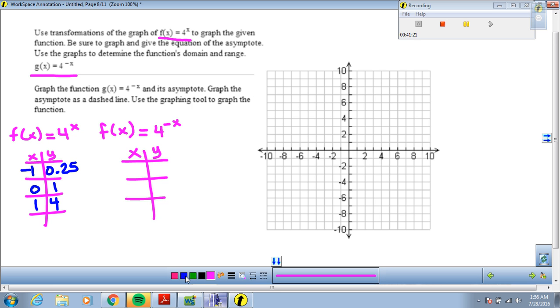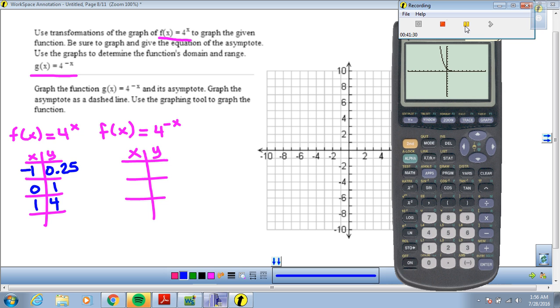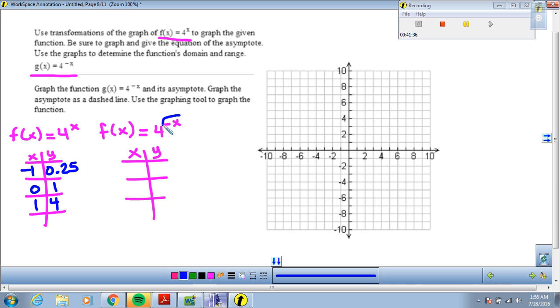So what is going to happen when we have a negative? If you recall, when we have a negative in front of an x, not in front of the whole function, but in front of just a single x, that means a reflection over the y-axis.